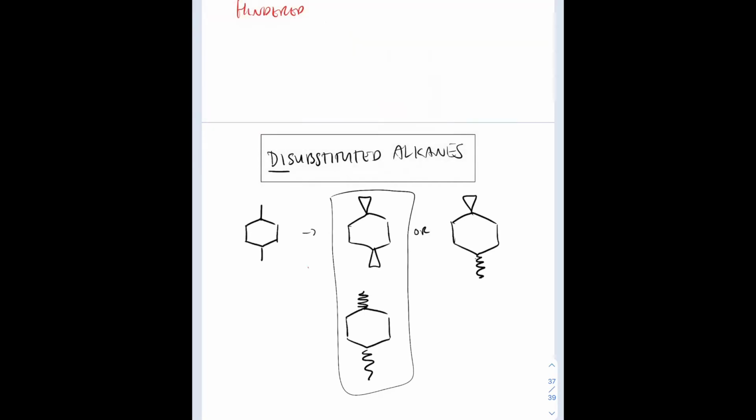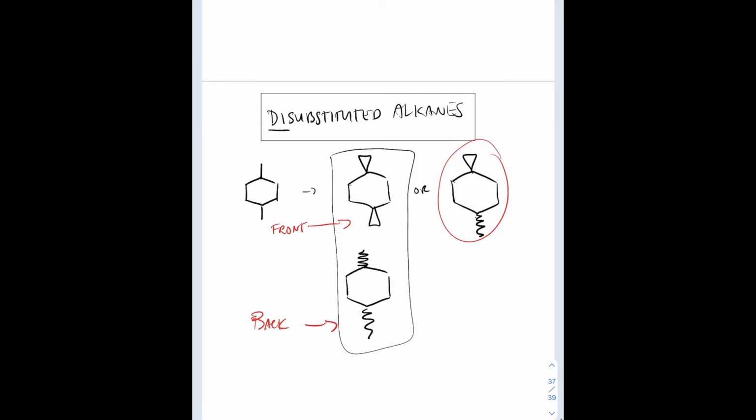It is important for us to remember that the wedge is pointed out at us, so this is like in front, and then the dash is pointed away from us, pointing to the back. Okay, so this one has a combination of both, right?